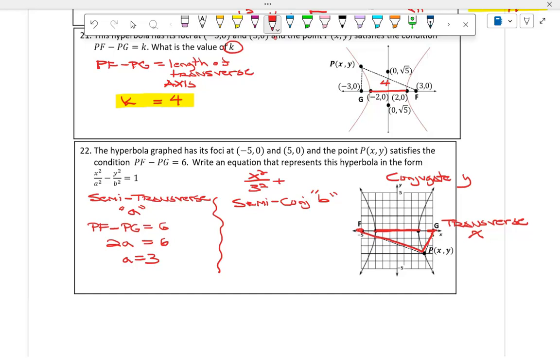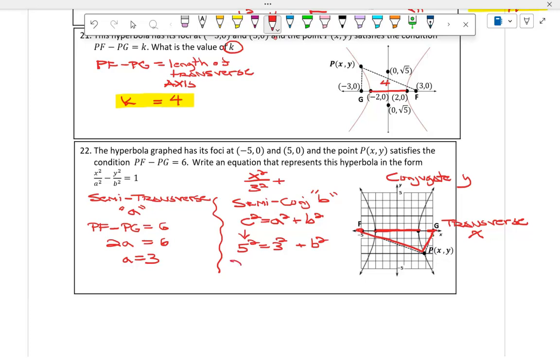Okay, so when I'm dealing with a hyperbola, the Pythagorean relationship we use looks like this. C squared equals A squared plus B squared. Okay, C is your focal points. So the focal points are at 5. Okay, A we just got was 3.